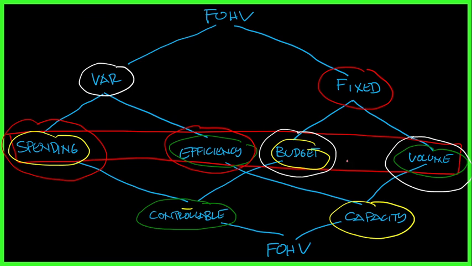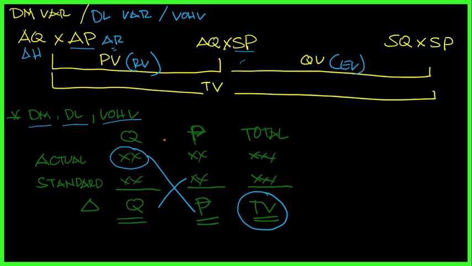Now if you have this approach, how do we compute these variances? Since your variable variances are affected by the quantity or the number of hours and the price, spending and efficiency can be computed using this approach.